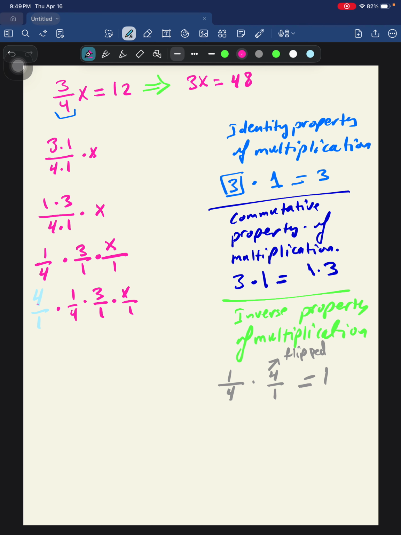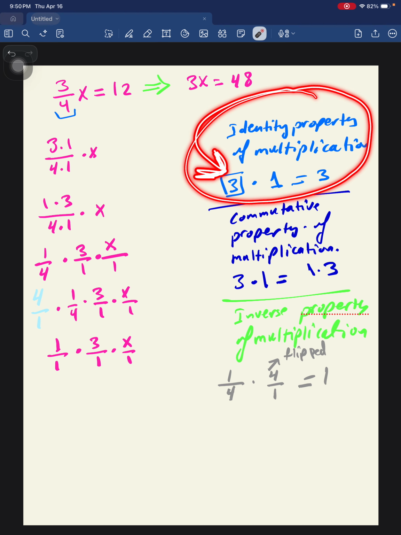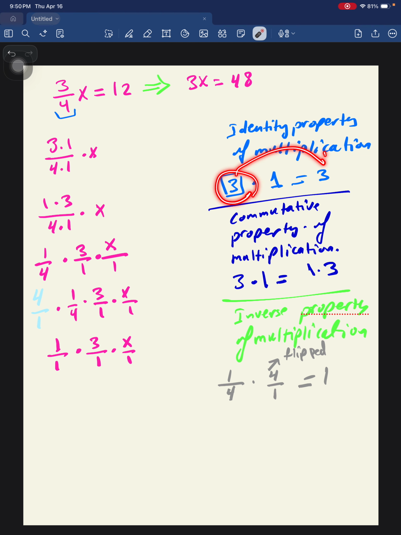Now we can see that 4 over 1 multiplied by 1/4 ends up with 1, and we can write 1 as 1 over 1 multiplied by 3 over 1 multiplied by x over 1. Using the identity property, any number or expression can be multiplied by 1, and we will end with the same thing. So if we start with 3, we will end up with 3.